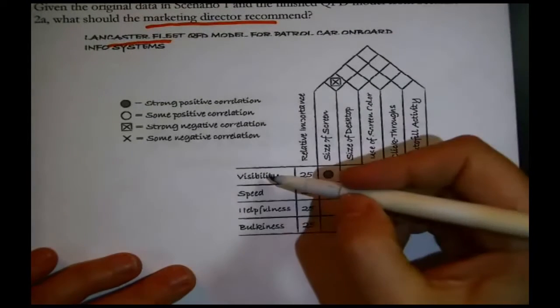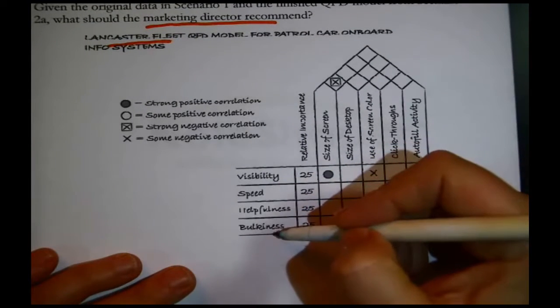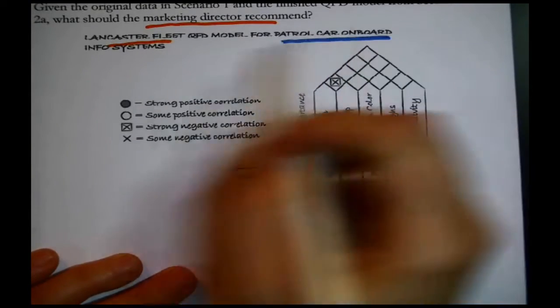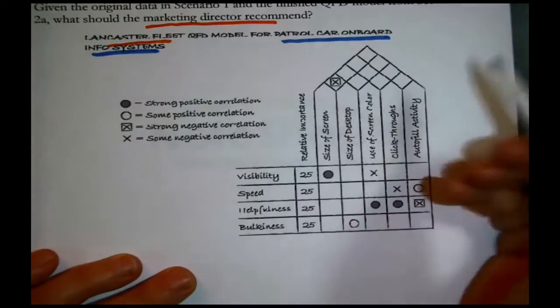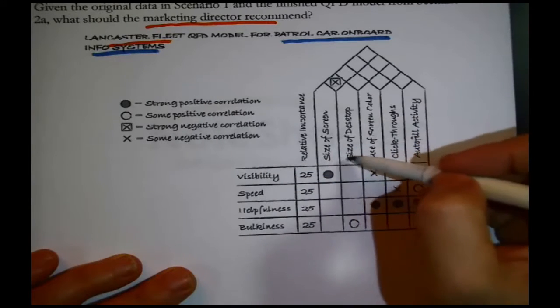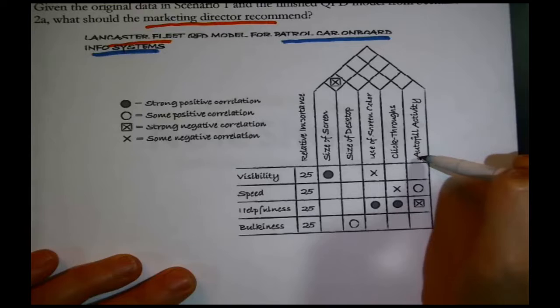What does it mean? First off, just to review, the interior of it, the relationship matrix, is expressing to us what the major relationships are between any of these 4 value features, what the customer values in the product, patrol car onboard information systems, versus what the engineers can manipulate about the system.